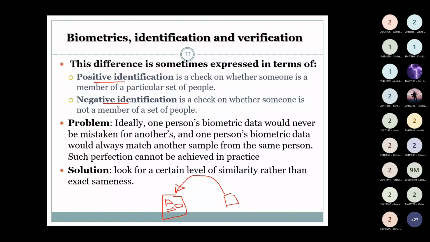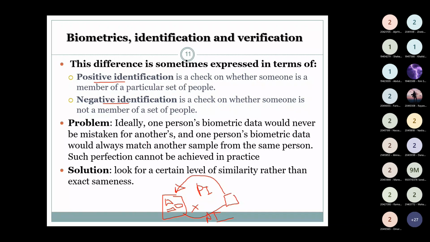But for negative identification, I will compare to see if this person is not a member of this dataset or database. So the problem here: ideally one person's biometric data would never be mistaken for another's, and one person's biometric data would always match another sample from the same person.